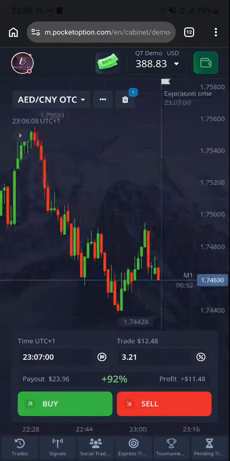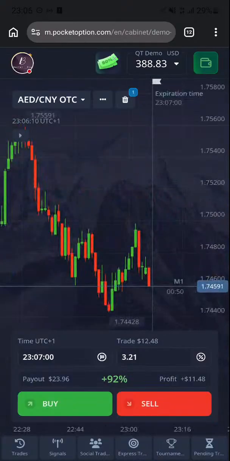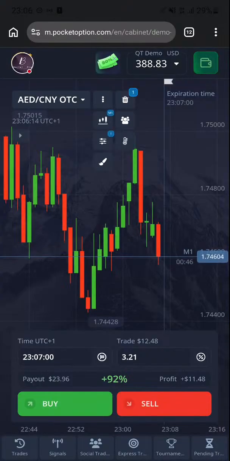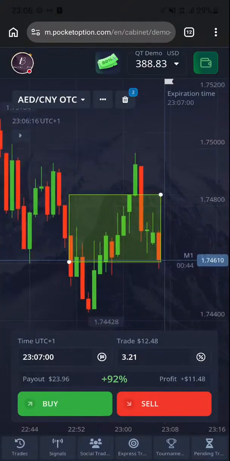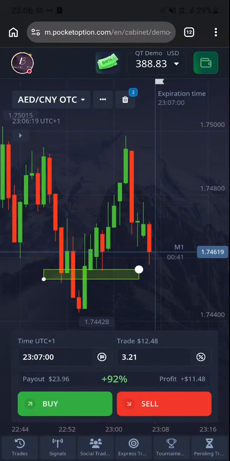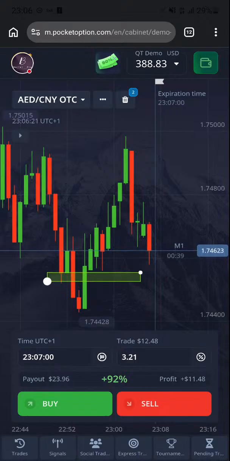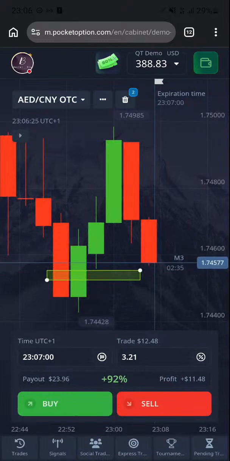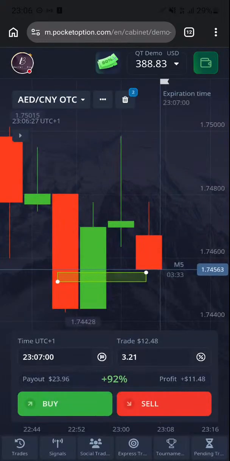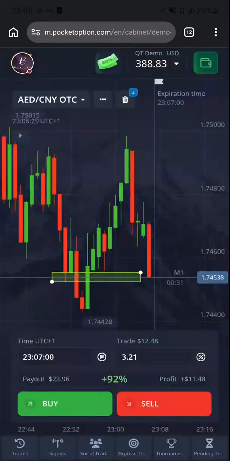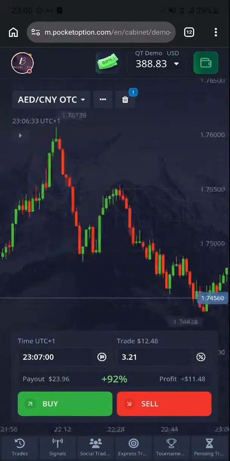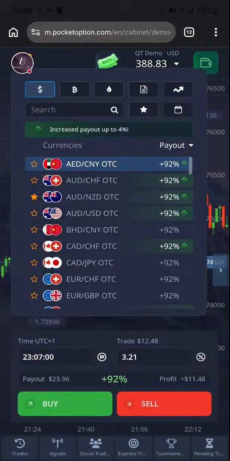Okay, there seems to be a QM here. I don't know if the QM is valid, but let's check it. Okay, the QM is not valid, so we don't need to worry about it that much. Let's check another market.